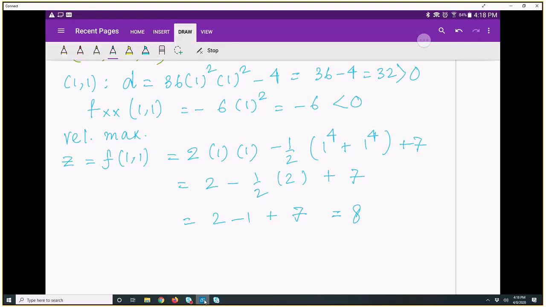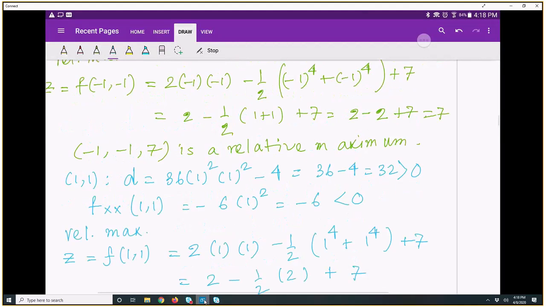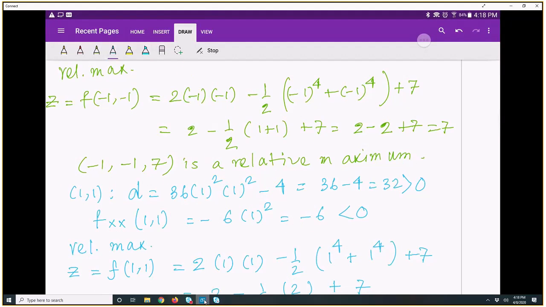So did I make the same mistake one more time? Yes, I think so. I said this is 2 for the critical point negative 1, negative 1. You should go ahead and change it to 1. So 1 plus 1 is 2, 2 over 2 is 1. So this is 2 minus 1 plus 7, which is 1 plus 7, and that's 8.